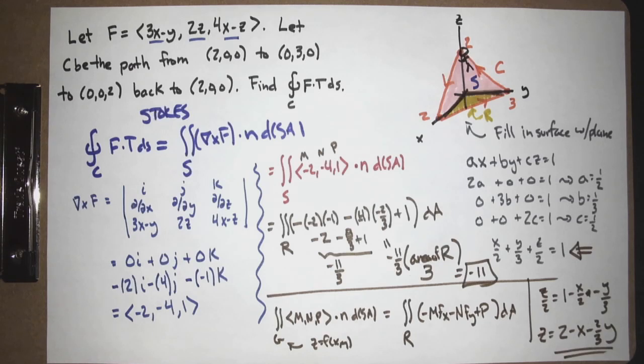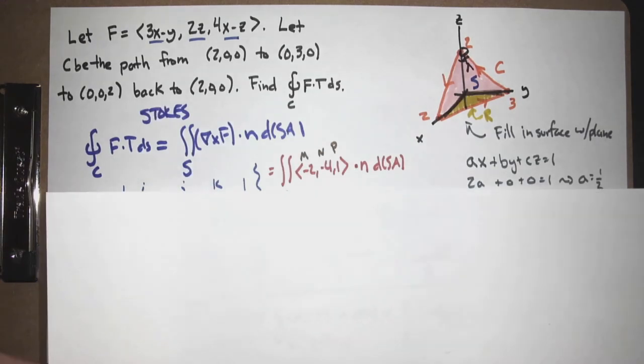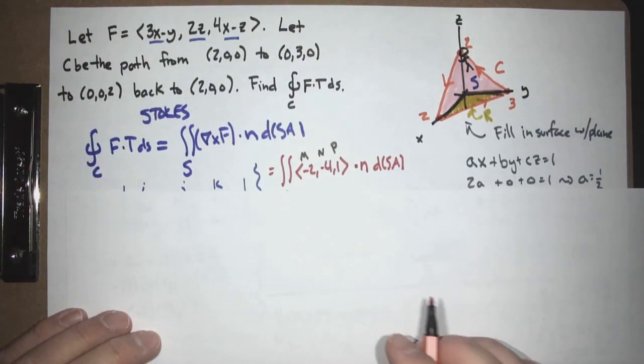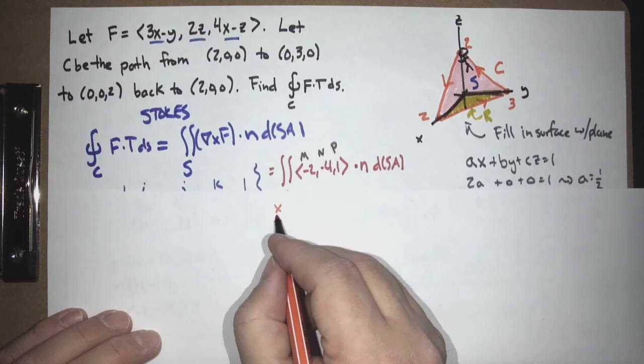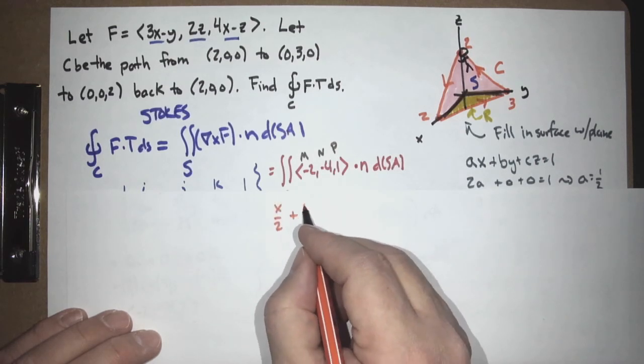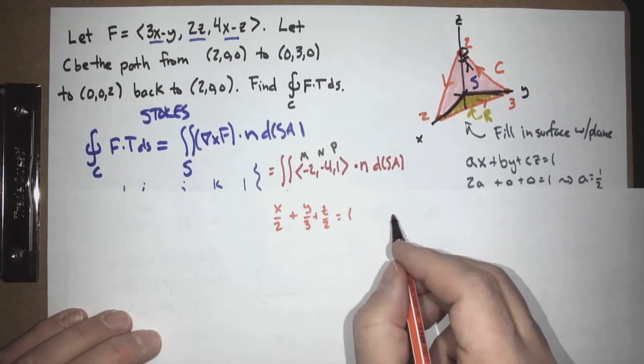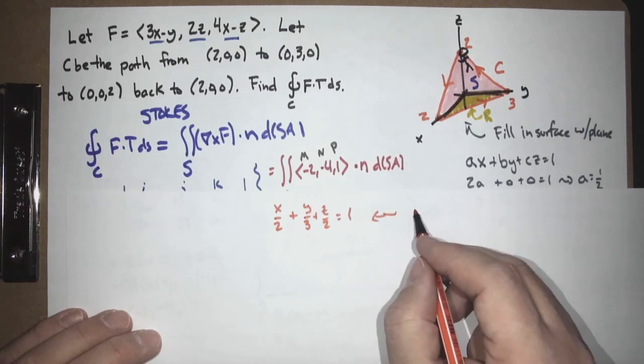Since we're almost out of space here, I'm not claiming this is a better way to do it, but it is another alternative. Can we find the normal vector to our plane? The plane was x over 2 plus y over 3 plus z over 2 equals 1. What's the normal vector?